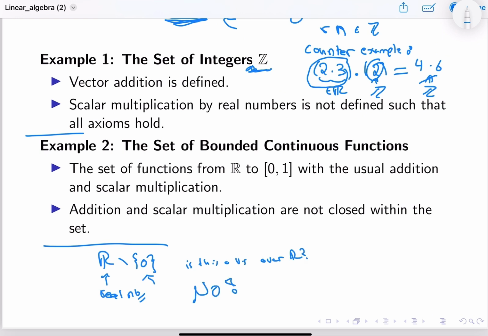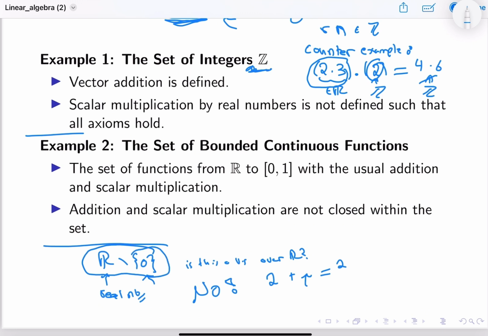Because there is no 0 vector. If you take any real number, for example, if you take 2 in this case, remember when disproving something, you only need to give a counterexample. If you take 2, there's nothing that you can add to 2 and still get 2. Why? Because we omitted 0 from this set.